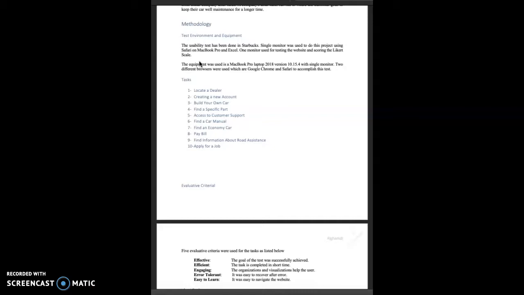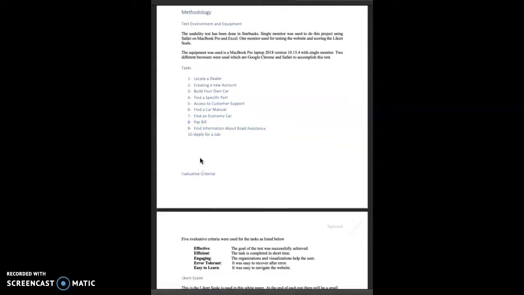The first one, locate a dealer; second, creating a new account; third, build your own car; fourth, find a specific part; fifth, access customer service; sixth, find a car manual; seventh, find an economy car; eighth, pay a bill; ninth, find information about road assist; and lastly, apply for a job.